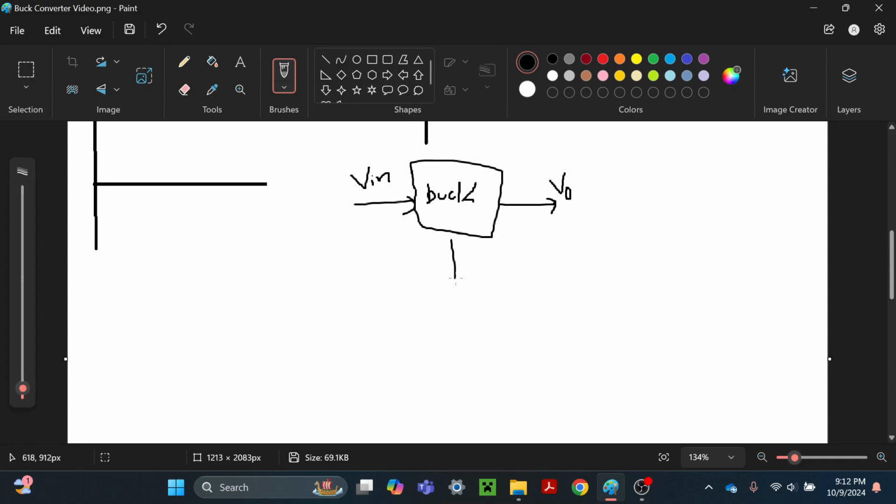So this thing is going to have a transfer function that will be some sort of equation where V in is equal to something times V out, basically. So that's what I'm going to explain first.